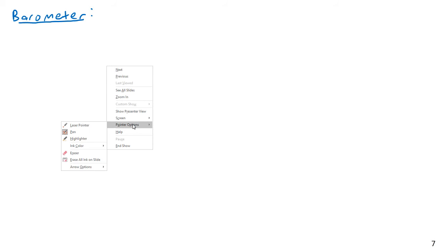So again, we now know about atmospheric pressure, but how do you actually measure it? One common way is to use a barometer. A barometer is a device to measure atmospheric pressure.